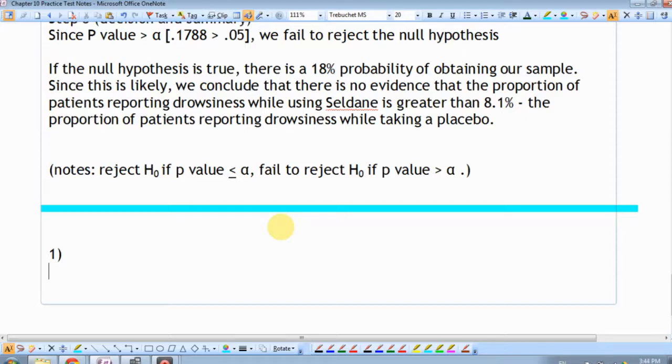And it's really nice that I wrote this up here. You reject if the p-value is less than or equal to alpha.